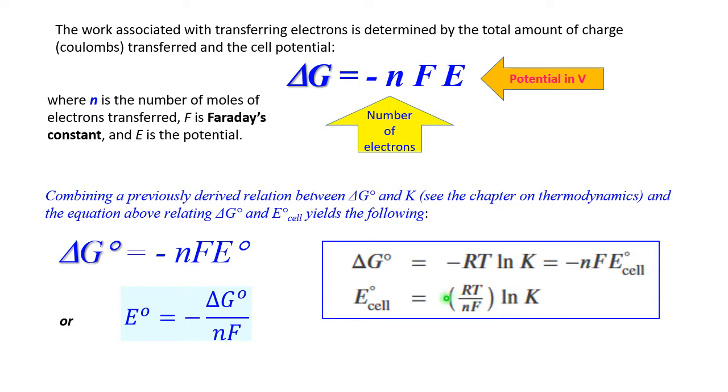So it doesn't matter. If you have delta G, you can calculate K and E0. If you have E0, you can calculate K and you can calculate delta G. Back and forth. These are simple calculations, there's nothing to talk about.